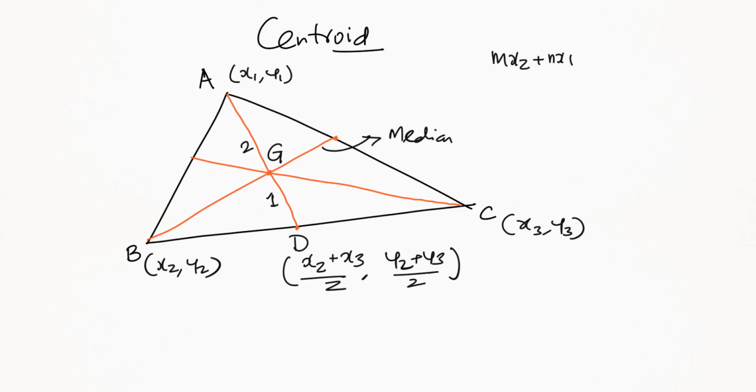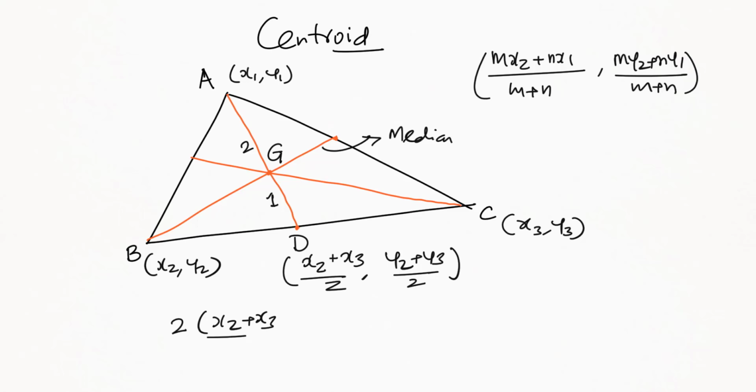By using the section formula, you can figure out the coordinate of the centroid, right? This is the formula that I have already discussed in the last video. So let's do that. 2 times x2 plus x3 over 2, plus 1 time x1, over 2 plus 1, that is 3, right?